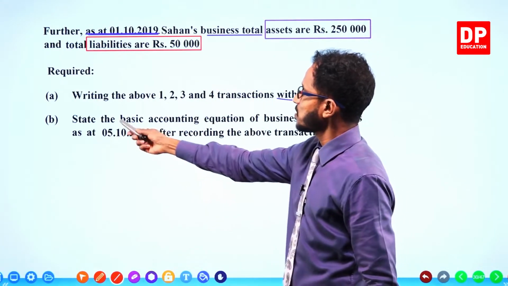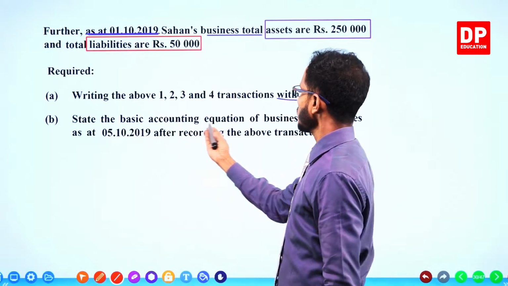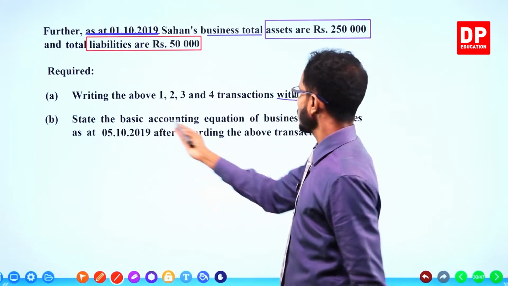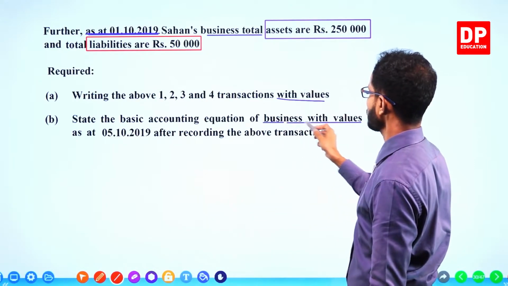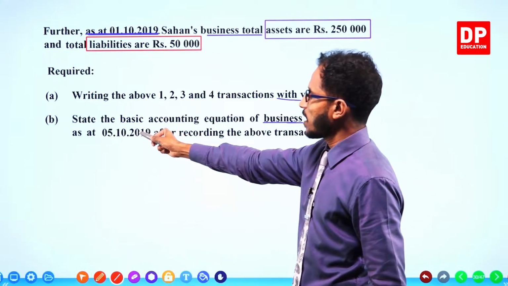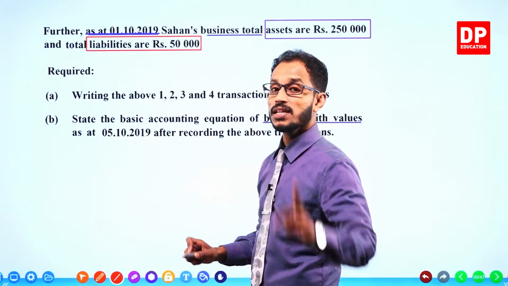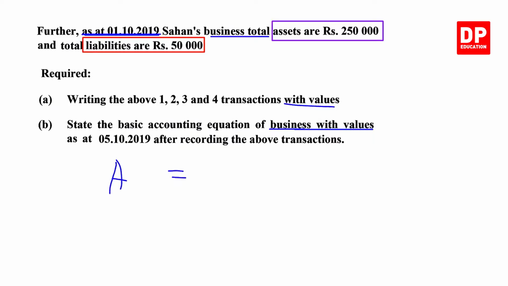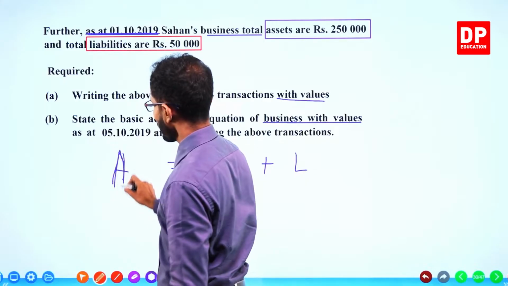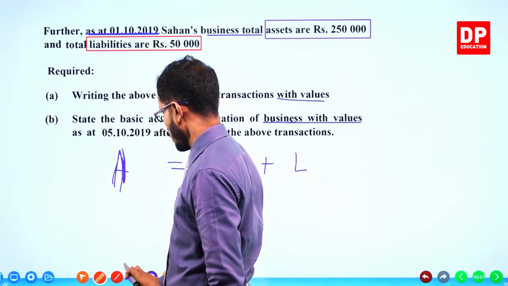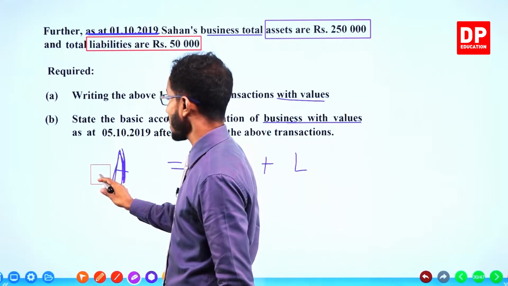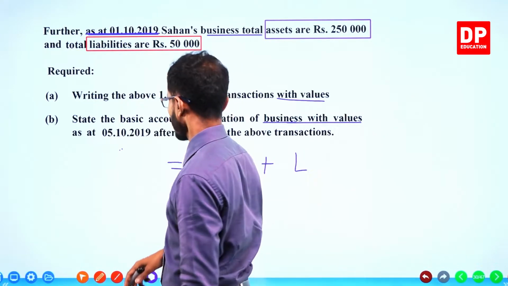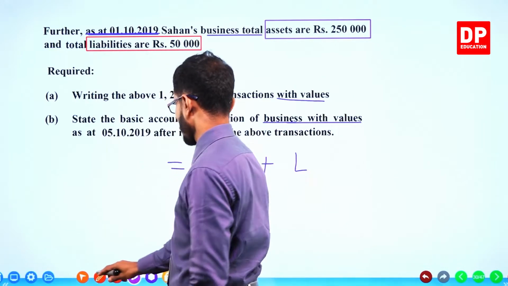What we have to do is state the basic accounting equation of the business with values as at 5th October, the last date. So the basic accounting equation is assets equals capital plus liabilities.